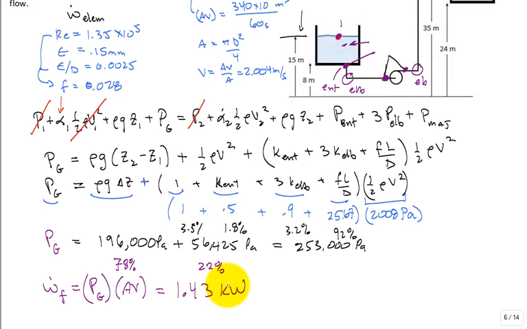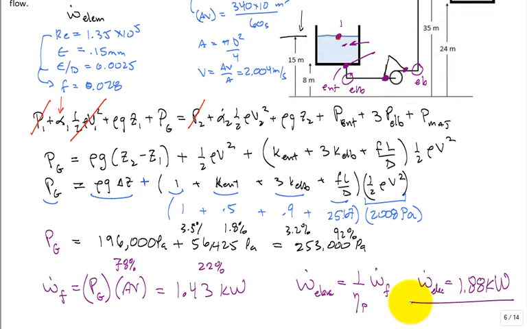I then use the efficiency. So the electric motor has to supply more than what gets into the fluid because of the pump's efficiency. And for our pump, it was 76% efficient. So the electric motor supplies 1.88 kilowatts in.